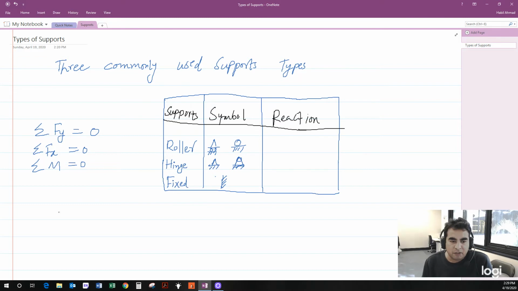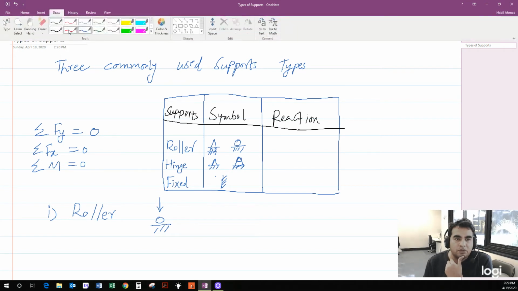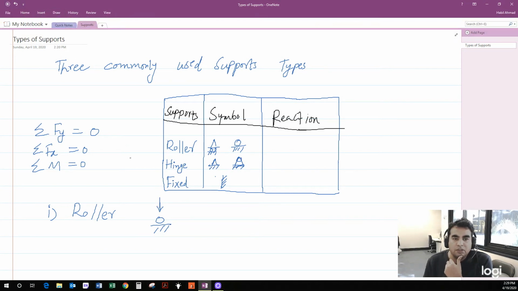Alright, now heading back to the roller support. What does a roller support do? If we apply a load on this support, say a load of any force like this, the support is able to resist that load only in the vertical direction.